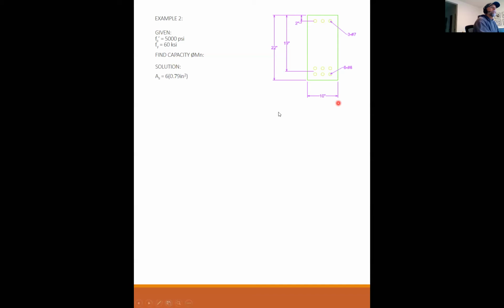Solution. The steel is still 6 times 0.79 inches squared, which is 4.74 inches squared. D is 19. A prime S is 3 times 0.6, or 1.8 inches squared. D prime is 2 inches. And B is 10 inches wide.